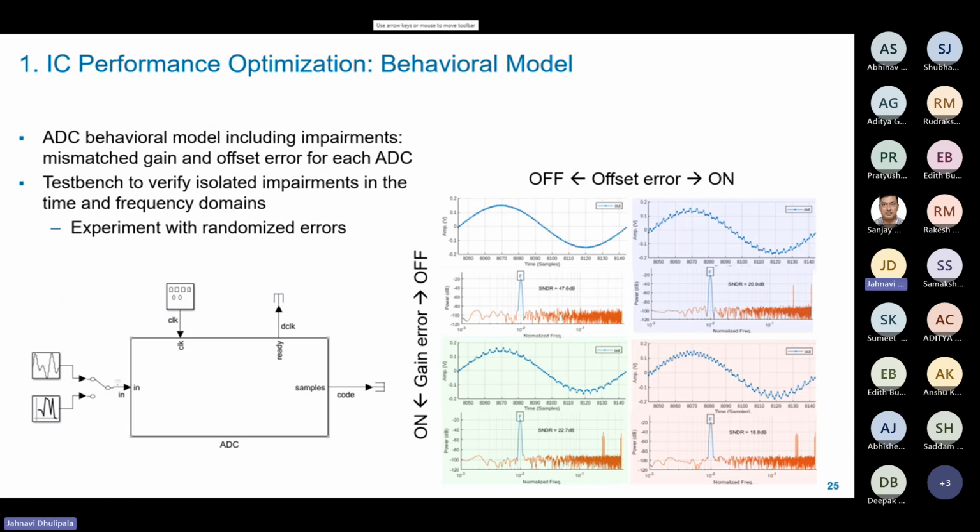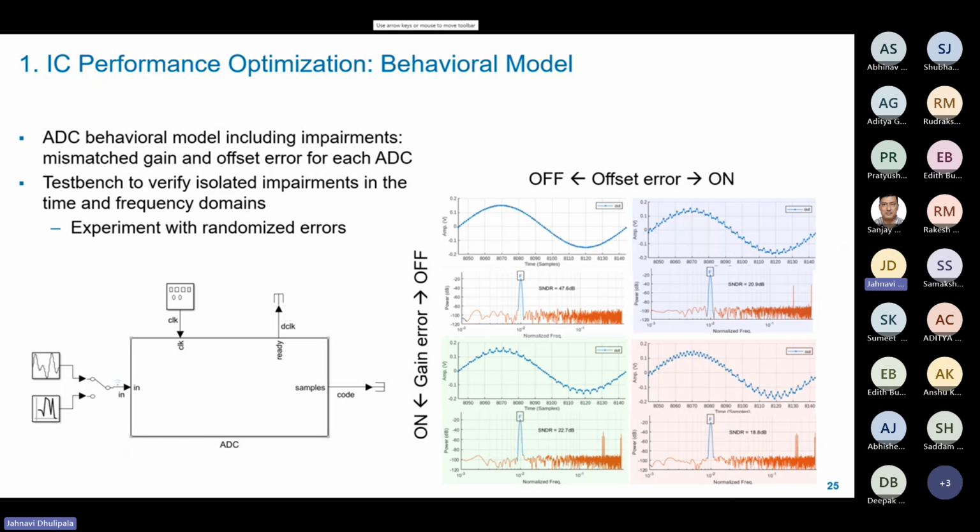Next, a test bench isolates impairments to observe offset and gain errors. The green background in the image shows the gain errors causing noise and spurious signals, while offset errors add noise and harmonics at the sampling frequencies. So the gain and offset errors contribute to different spurious components.